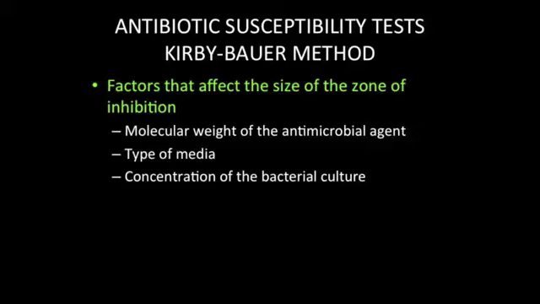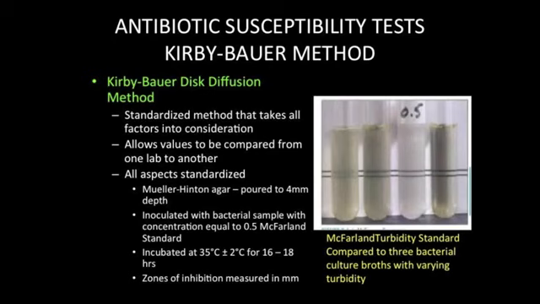In the 1960s, standardization of the disc diffusion method led to the development of the Kirby-Bauer disc diffusion susceptibility test. This standardized method of disc diffusion takes into consideration all of the factors that affect the size of the zone of inhibition, and allows results from one lab to another to be compared.